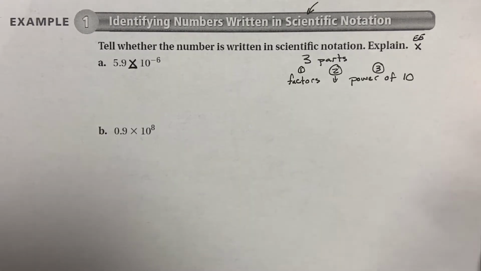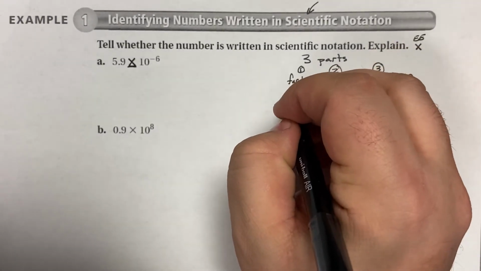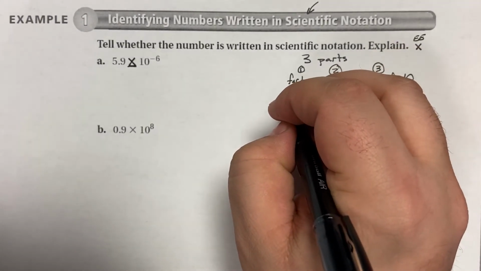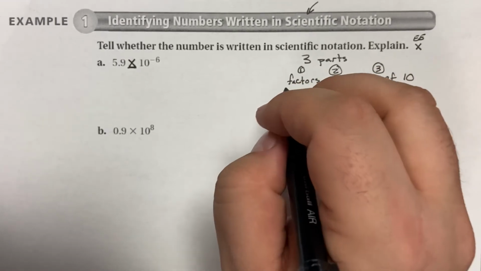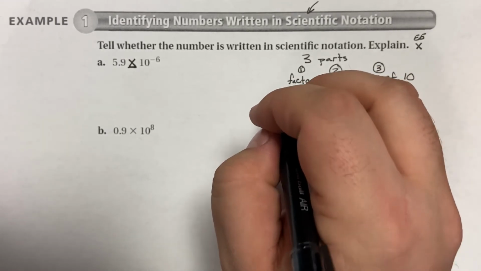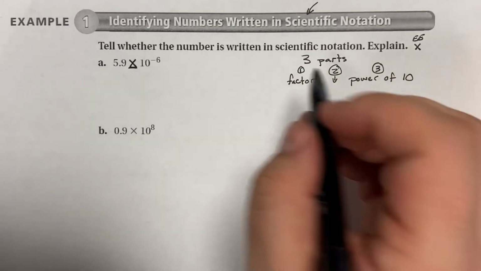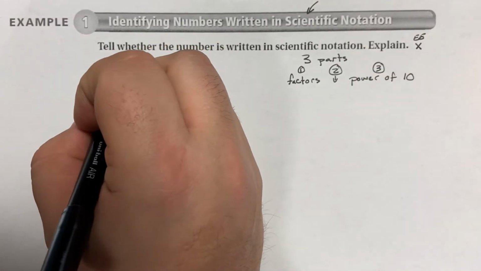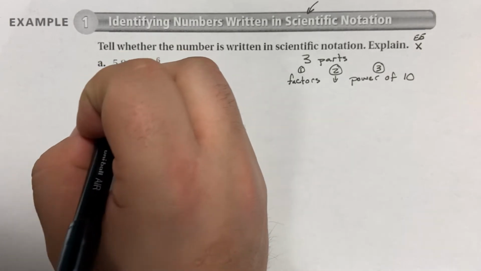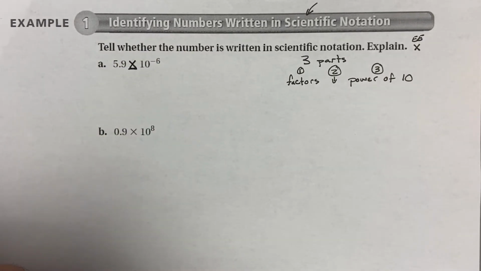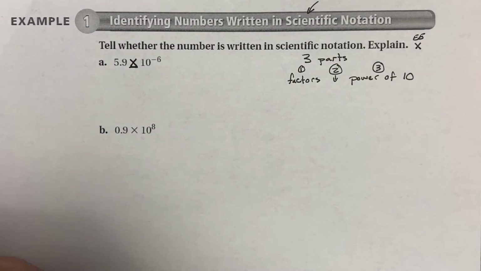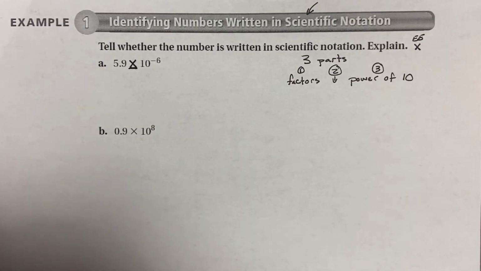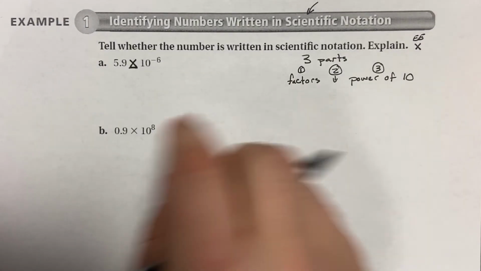What we're doing is looking for a factor. The rule of the factors is that it has to be greater than or equal to 1 and less than 10. So we have to ask ourselves, is 5.9 greater than 1 and less than 10? And if it's true, then it's written in scientific notation, at least as far as a factor.